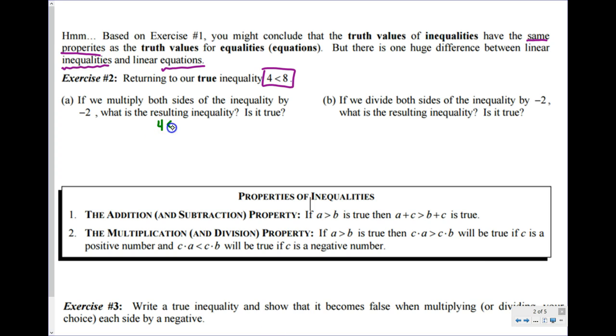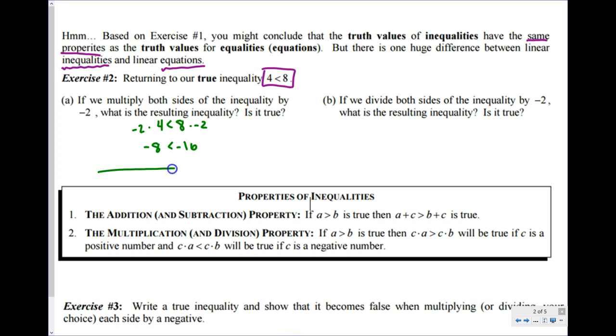So I'm going to do this again. 4 is less than 8. But now I'm going to multiply by negative 2 on both sides. And look what happens. I'm going to get negative 2 times 4 is negative 8, and 8 times negative 2 is negative 16. Now look what happened. Is negative 8 less than negative 16? No!